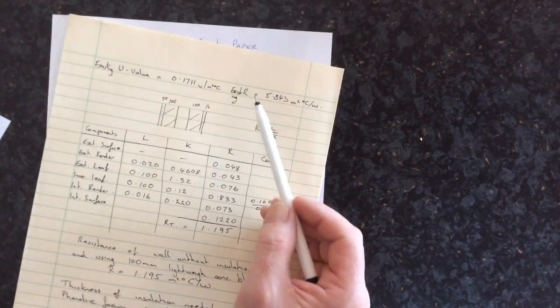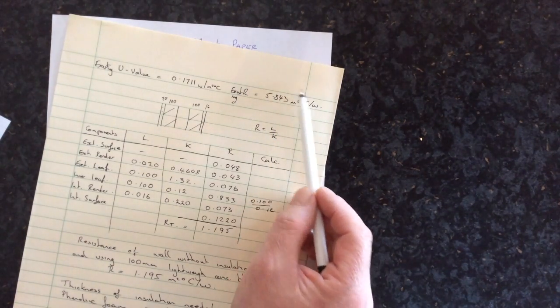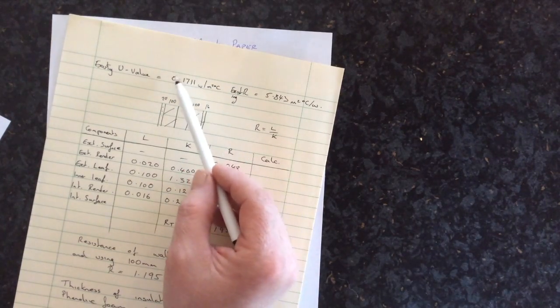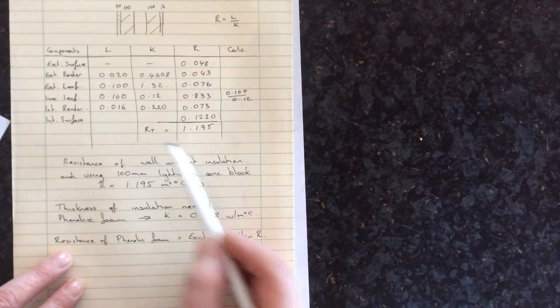So if we have the resistance of the wall up here, which gave us our U value, and that's what we want to get again, we need to subtract the resistance of the wall that we got without the insulation.